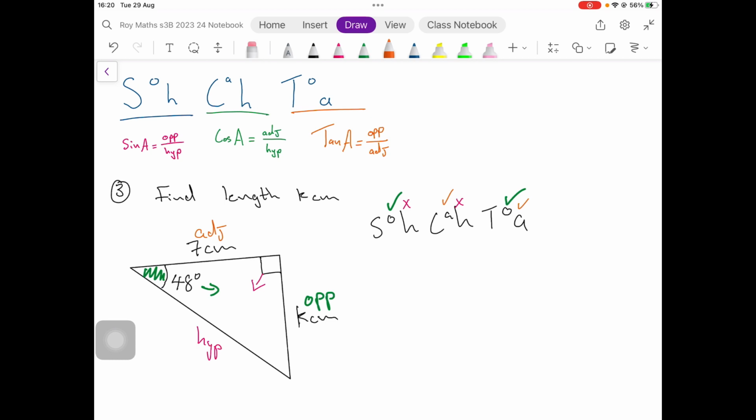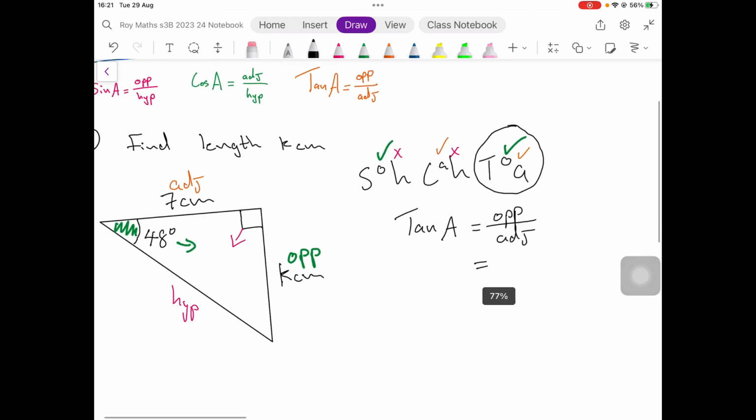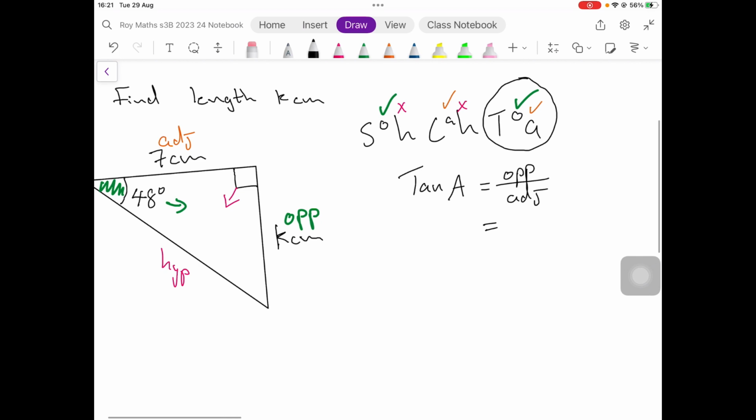And by going through this process, we have identified that I need to work with tan, because tan uses the opposite and the adjacent. The tan of capital A for angle is equal to opposite over adjacent. Again, just to clarify, the O being up high reminds us that it's the top of our fraction. In our next line, we copy this out and try to substitute in the correct values. So what is the angle in this question?